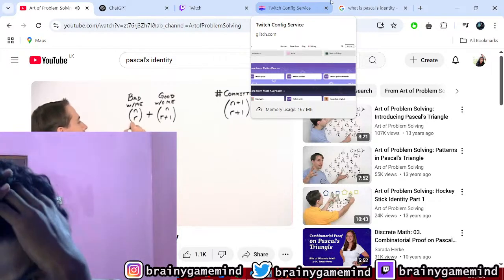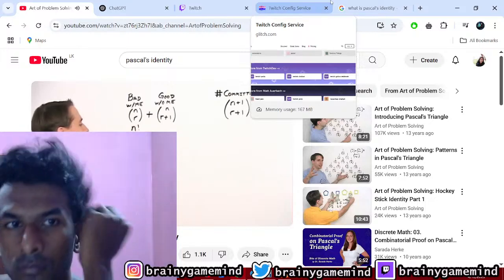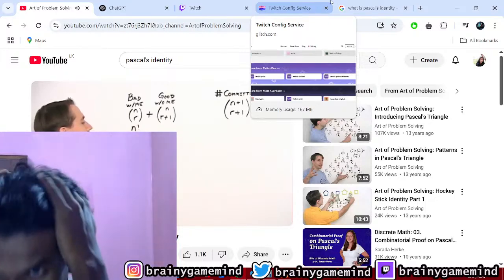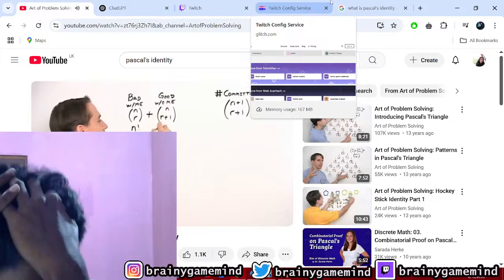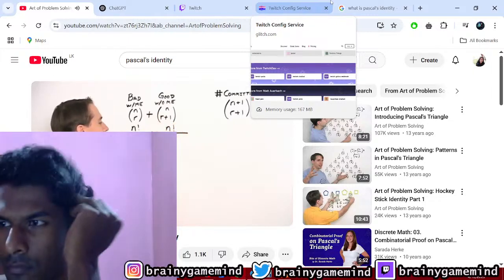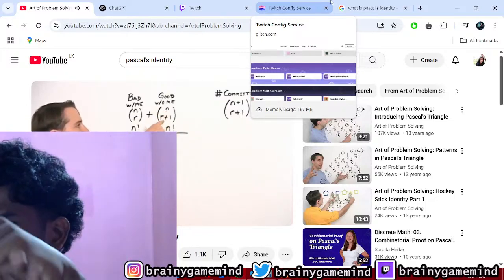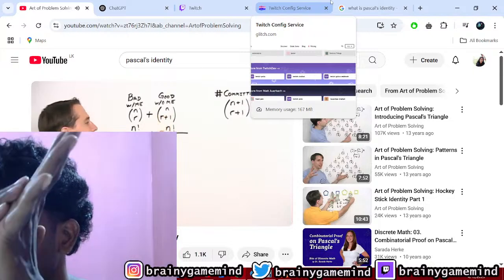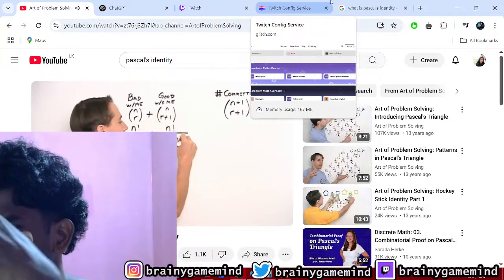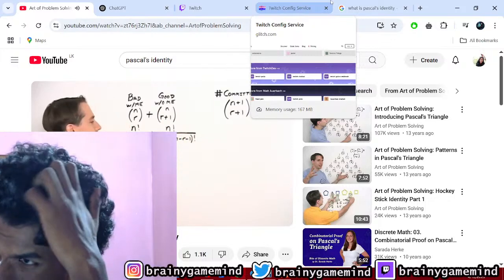N choose r is n factorial divided by r factorial times n minus r factorial. This one's a little trickier, but not much. Still n factorial in the numerator. And on the bottom, we have r plus 1 factorial, and then n minus this total r plus 1, which will make us n minus r minus 1 factorial.